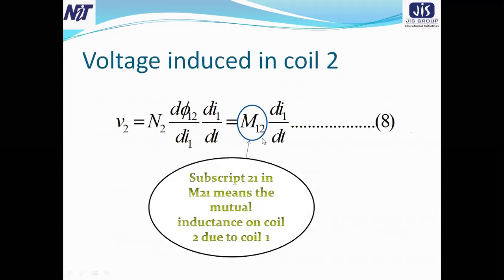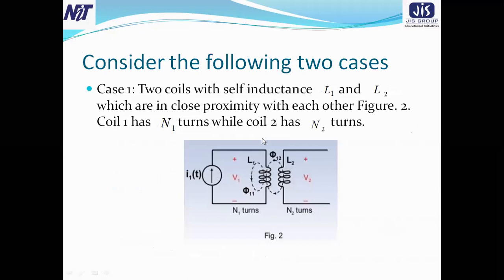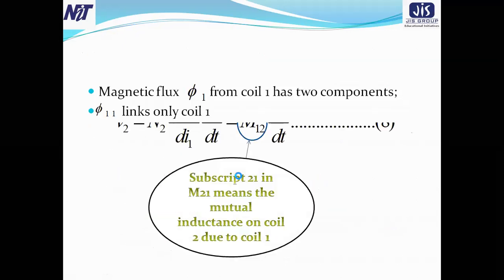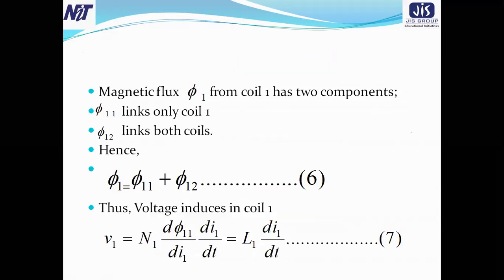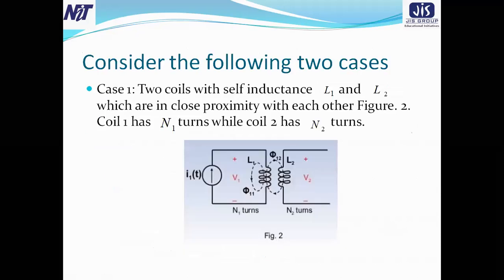So the magnetic flux φ1 from coil 1 has two components, one is φ11 and one is φ12. Look, these are the two components, φ11 and φ12.